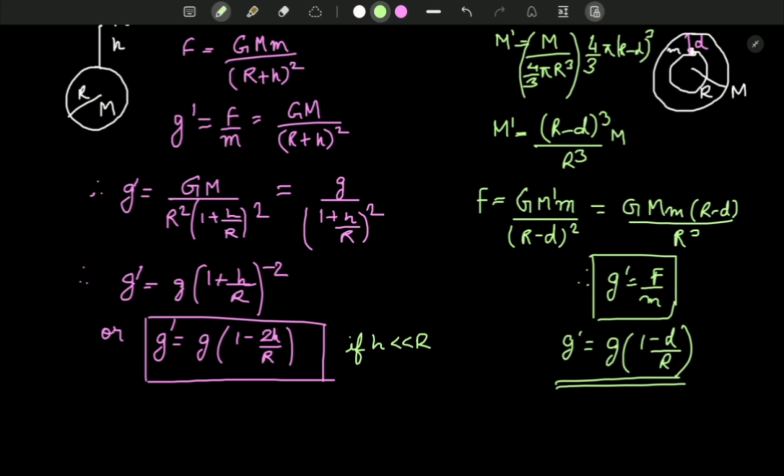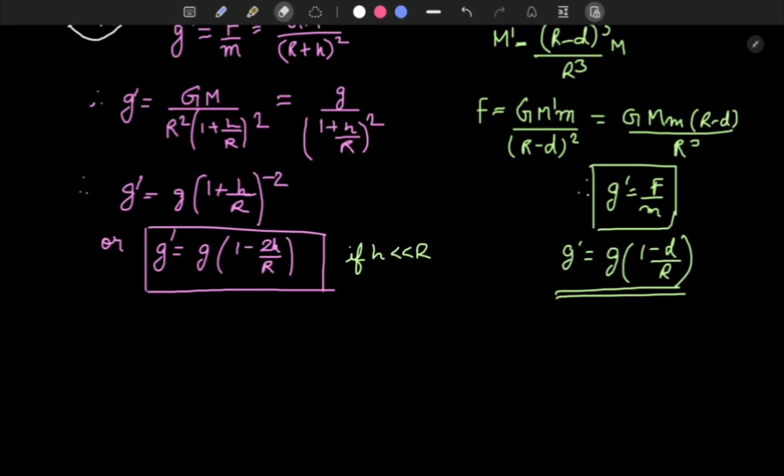If we try to summarize how the value of g varies if we go above or below the surface of the earth, I can say that for r less than or equal to capital R, g dash equals to g (1 minus d by R). So I can write it as g r by capital R, where R minus d equals r.